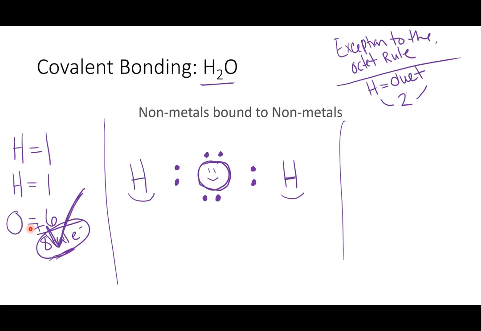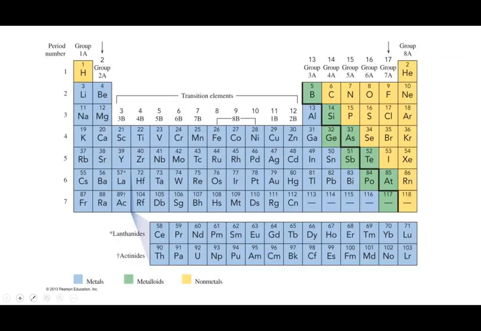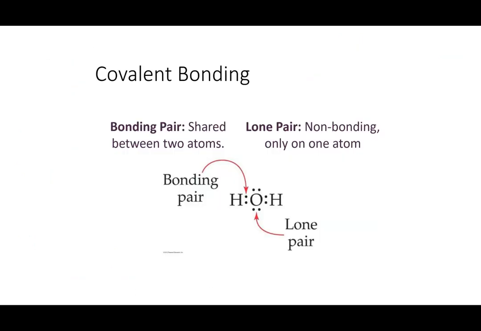Okay. Before I dive into the steps, I want to just get a little bit of terminology out of the way so that we can use it in our examples moving forward. So here you see again the Lewis structure for water. We've got 2 different types of pairs that we need to talk about.